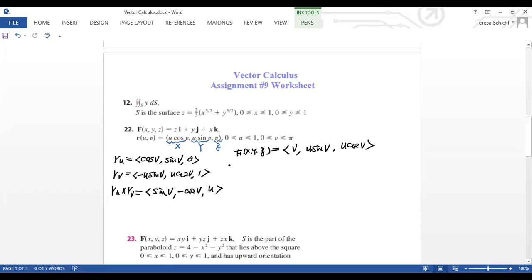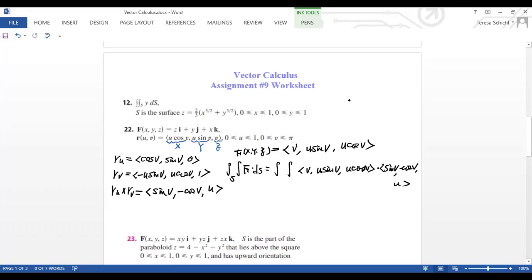Okay, so now my integration over this surface of F dot dS will just be equal to the dot product. So this is v, u sine v, u cosine v, dotted with sine v, negative cosine v, and u.